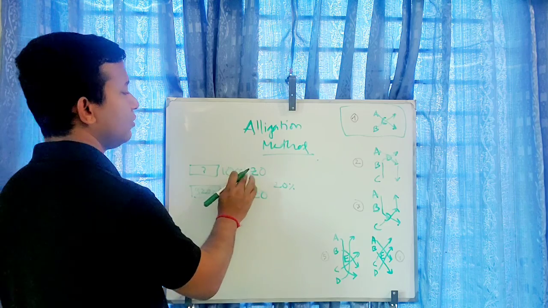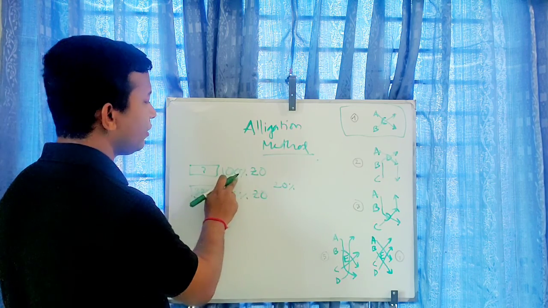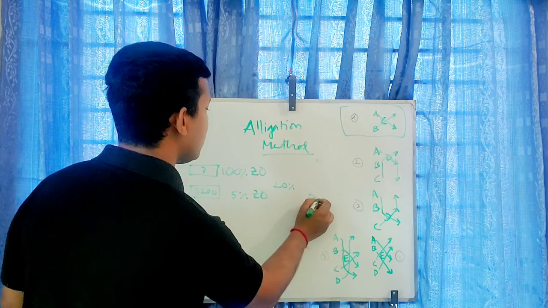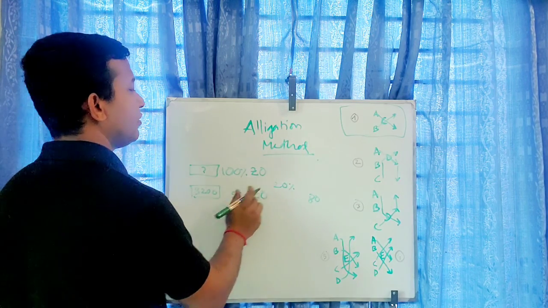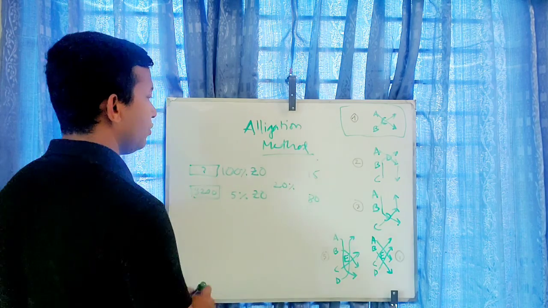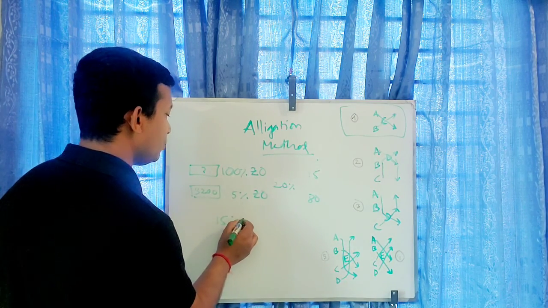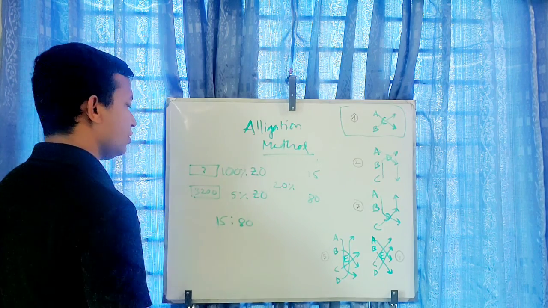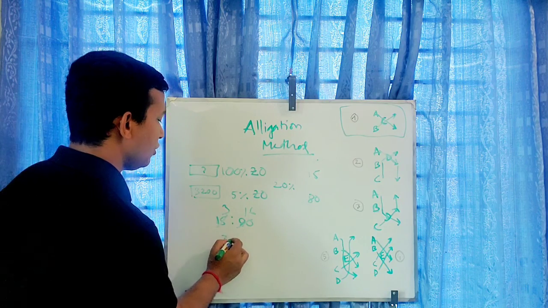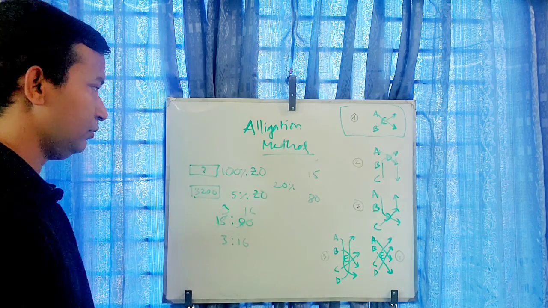So 100 minus 20 becomes 80, and 20 minus 5 becomes 15. So we can do a ratio here, 15:80. Dividing by 5, it becomes 3:16, the ratio here.